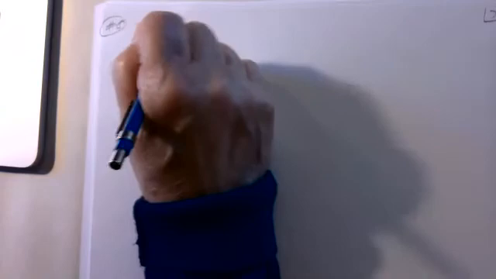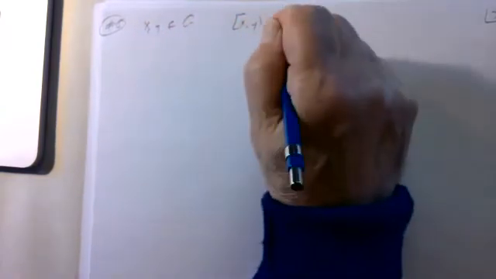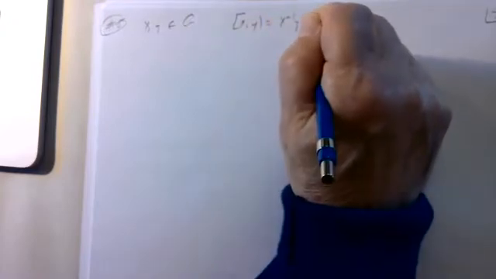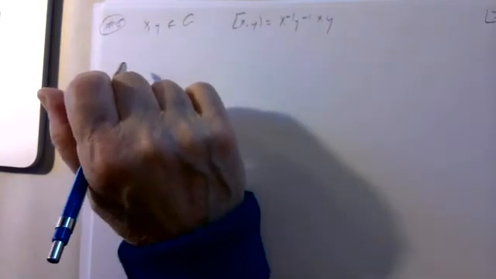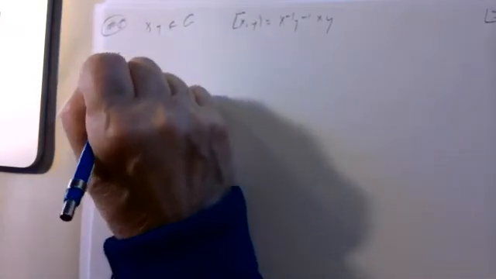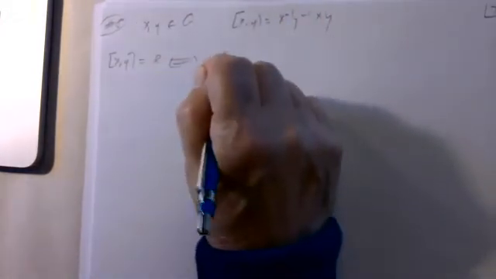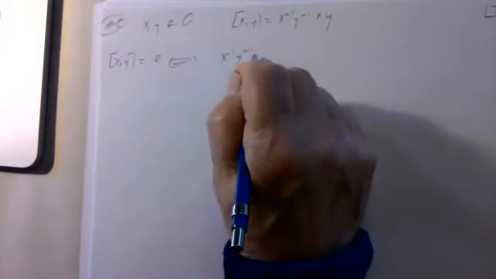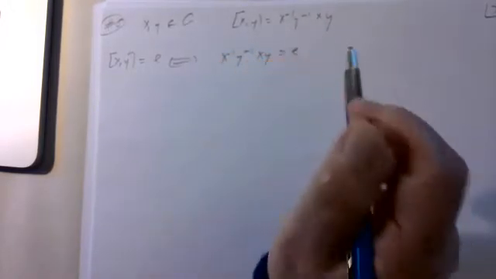And then the last problem, number 8, we define the commutator of two elements in a group as X inverse Y inverse X times Y. And we can say that this commutator is the identity if and only if X inverse Y inverse XY is the identity.